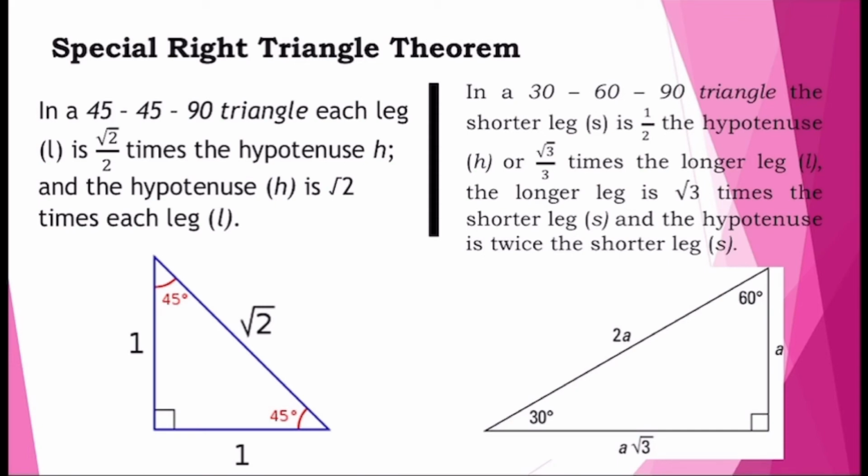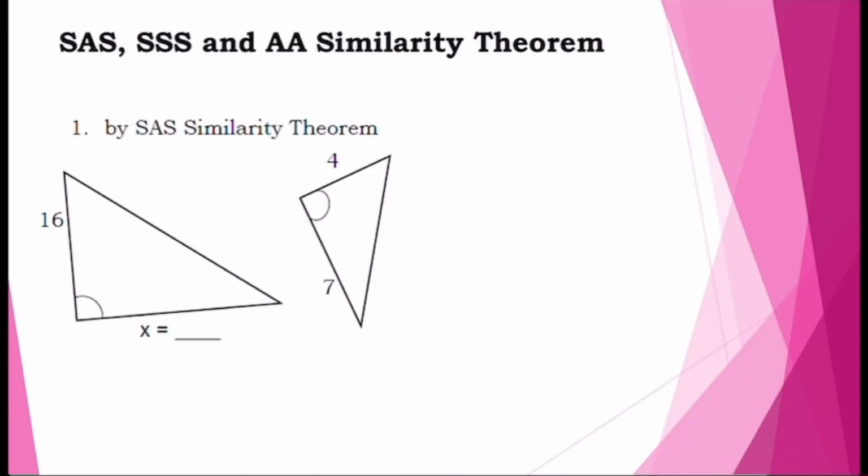Now, let us take a look at the following examples using SAS, SSS, and AA similarity theorem. For our first example, let's find the length of the unknown side or the measure of the unknown angle to make each pair of triangles similar.